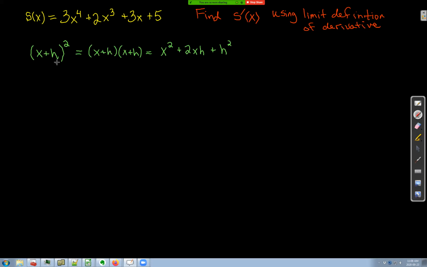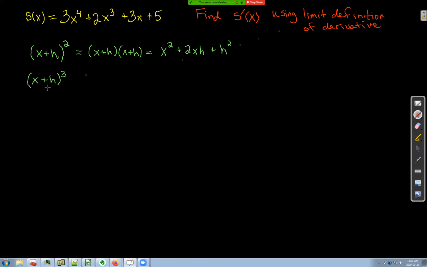But what we're going to have to do in this problem is we've got something to the third, we've got x cubed, and we've got x to the fourth. So when we use the limit definition of the derivative, we're going to end up with an x plus h cubed at some point. So again, I haven't done it yet.